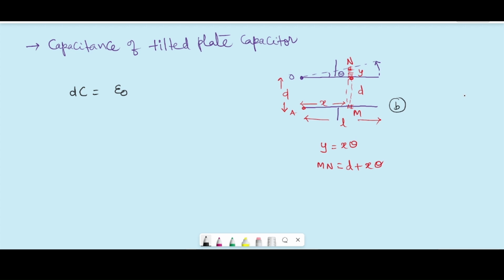So for that element, the area dA is b dx. So epsilon naught b dx by the distance, which is d plus x theta. This is the capacitance of that elemental capacitor.